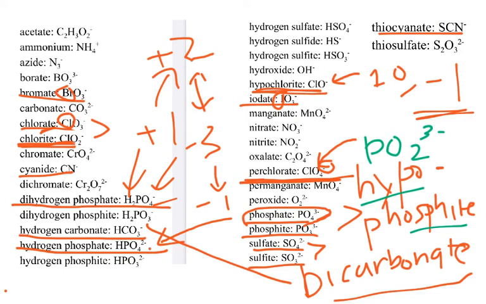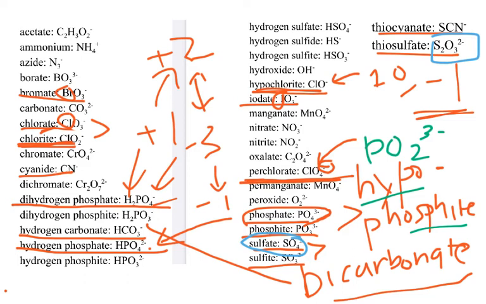Now what about thiosulfate? Well, that comes from sulfate, which looks like it's over here. So when you add the thio to sulfate, you are changing one of the O's to an S. So we had 4 O's at first, but if we change one of those O's to an S, then we have an extra S and 1 less O. So thus we have S2O3 2 minus.